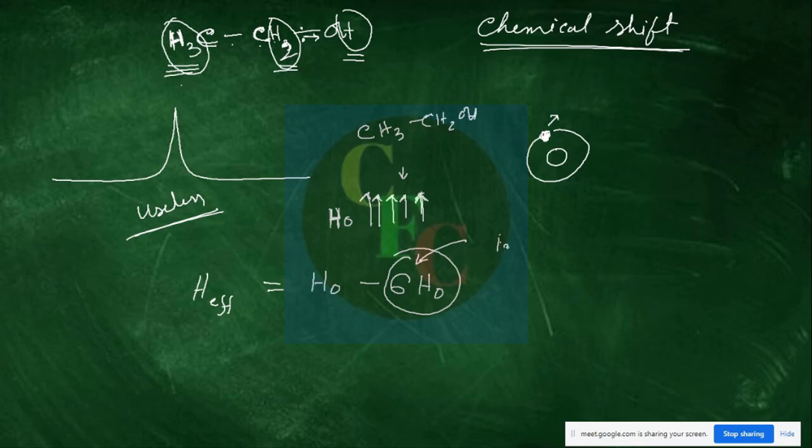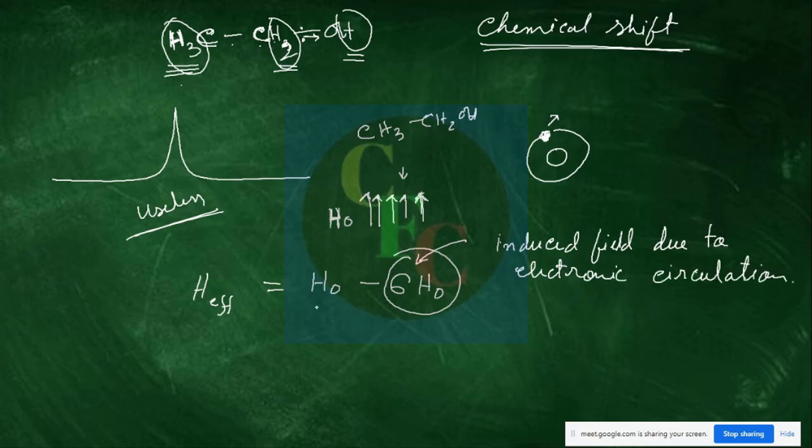This is the induced field due to electronic circulation, and this is actually helpful. This helps us because the electrons here are in a different environment, from a different type of bond than this one.